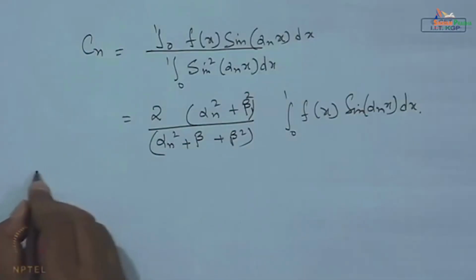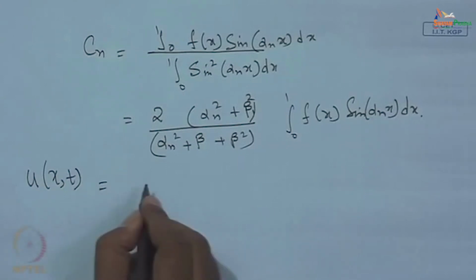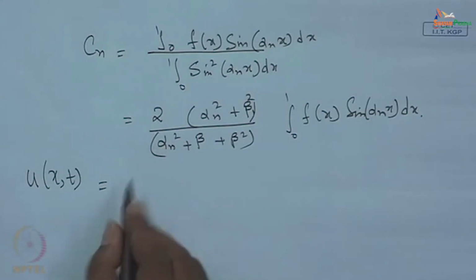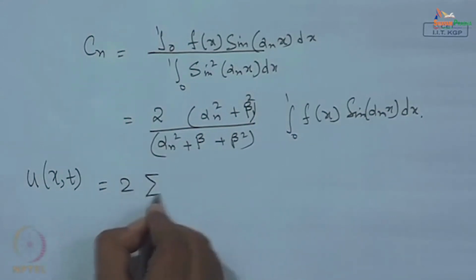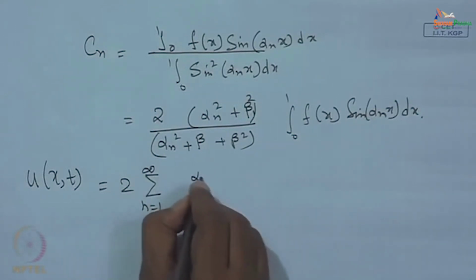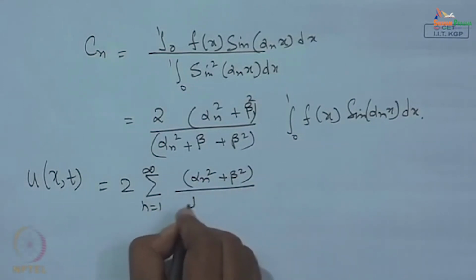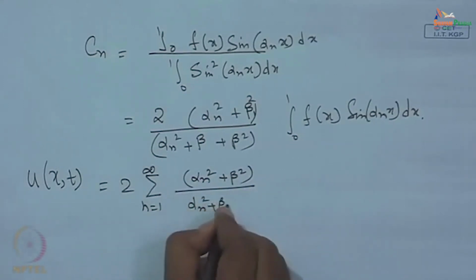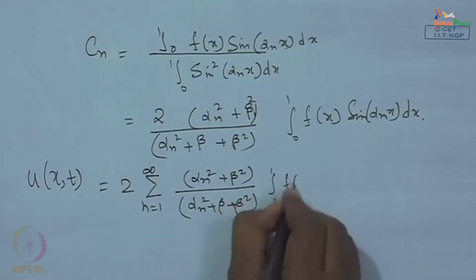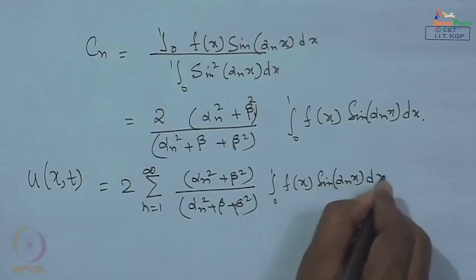The complete solution will be u as a function of x and t is the summation of C n. So, C n we just put it this way. So, this becomes 2 times the summation n is equal to 1 to infinity of alpha n square plus beta square divided by alpha n square plus beta square times the integral from 0 to 1 of f of x sin alpha n x dx.